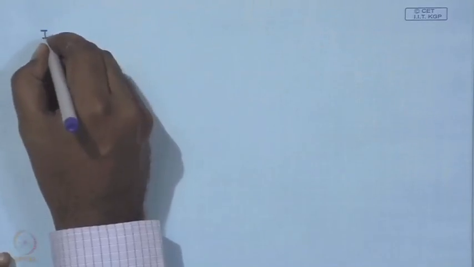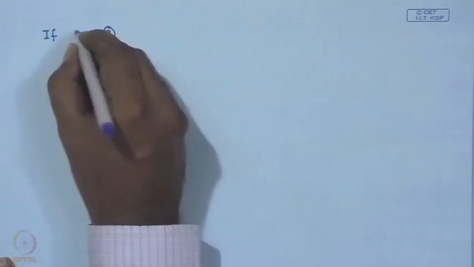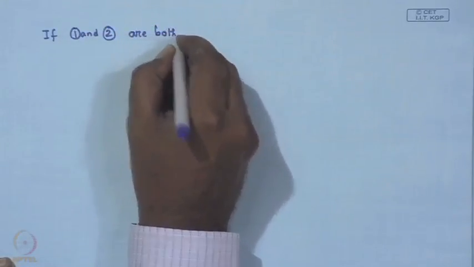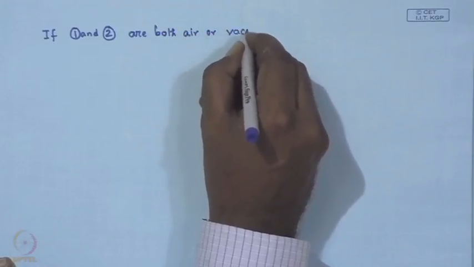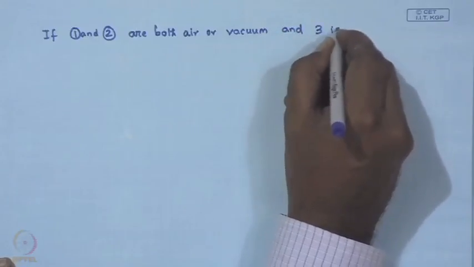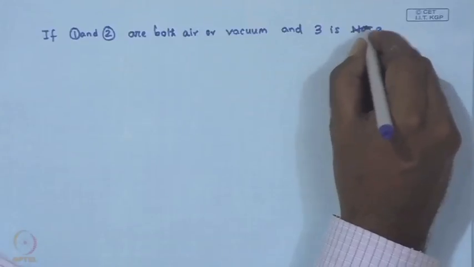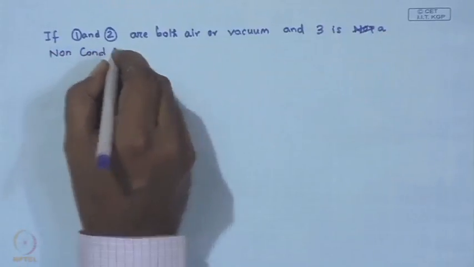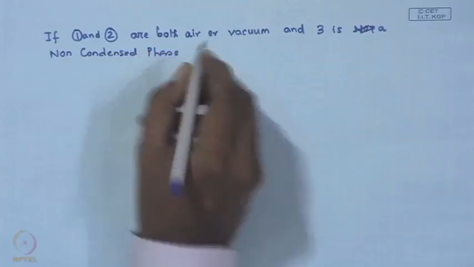If 1 and 2 are both air or vacuum, and 3 is a non-condensed phase, let us say liquid.